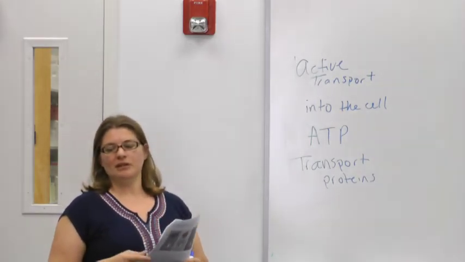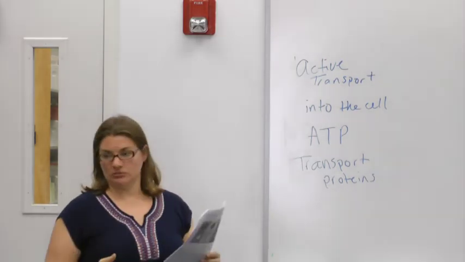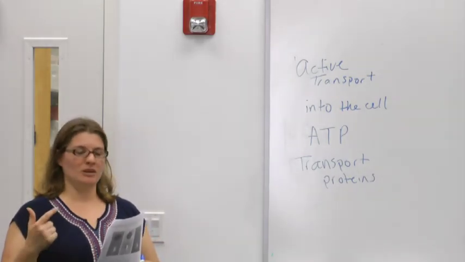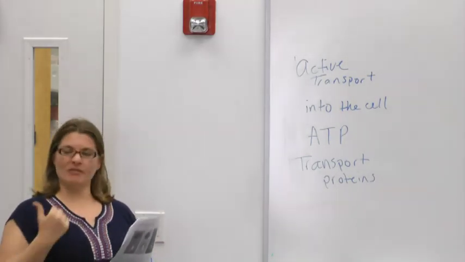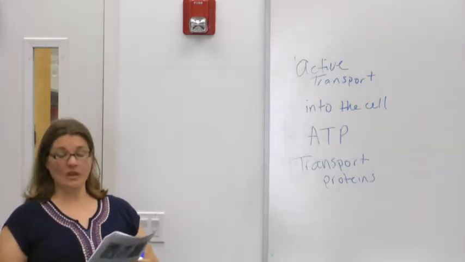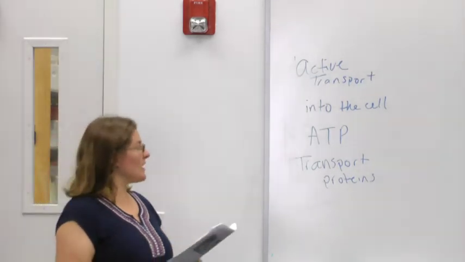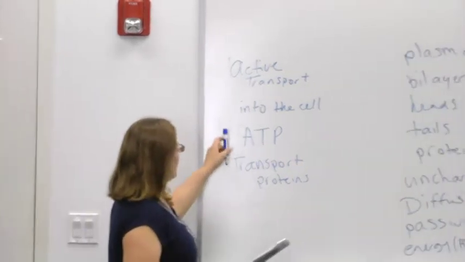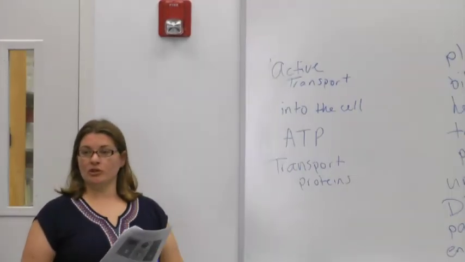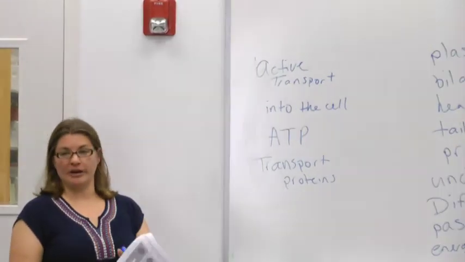And the other kind of active transport is exocytosis, which is kicking things out of the cell, whereas endocytosis, like phago and pinocytosis, are all about bringing things into the cell. Okay? They all require energy and transport proteins. All types of active transport require energy and ATP and the transport proteins to move those molecules from low to high concentration against the concentration gradient.